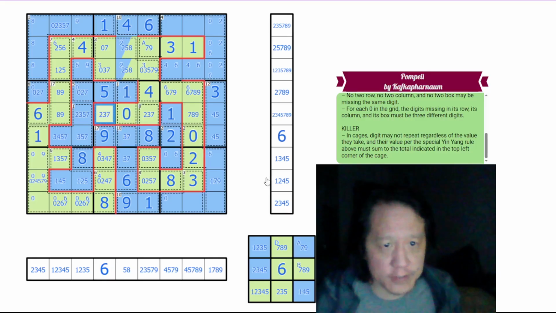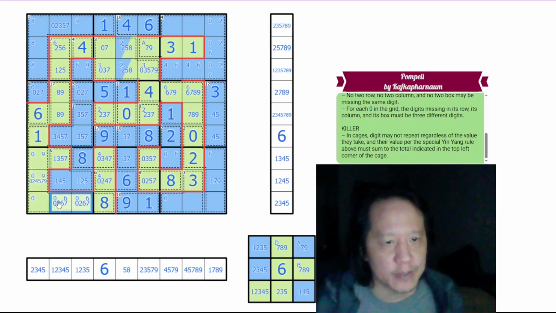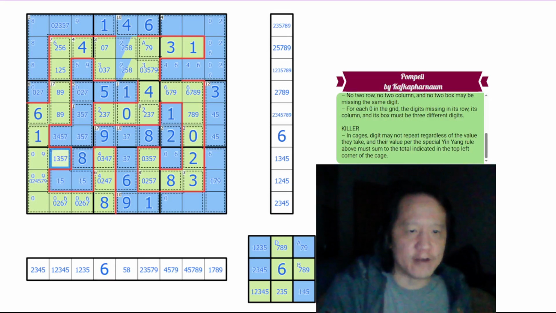So 2 is guaranteed to be one of these two. Ah, there we go. 2 is guaranteed to be one of these two, which means this cannot be 2 here. Where is the 2 in this cage then? It cannot be here. It cannot be here, so it must be in box 7, which means this cannot be 2. So this must be a 1-5 pair.